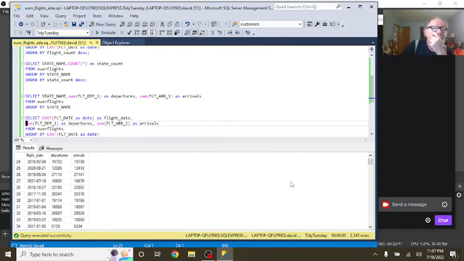Hmm. Well, we did look at state names. We didn't actually look at total departures and arrival flights by country. Let's go ahead and do that.